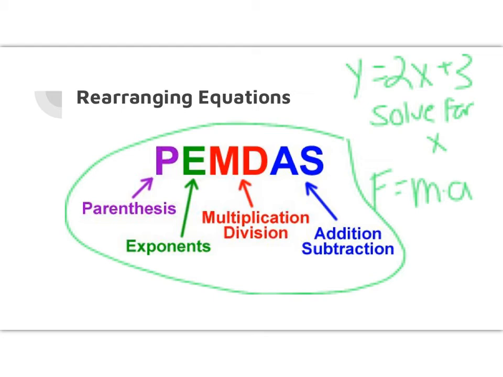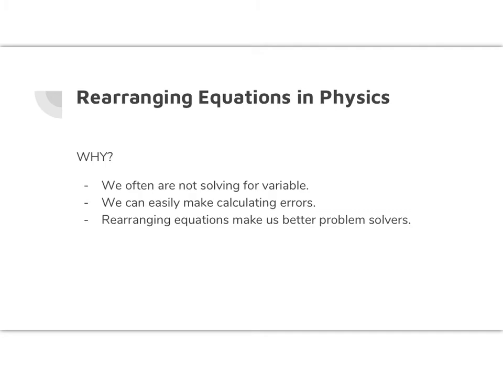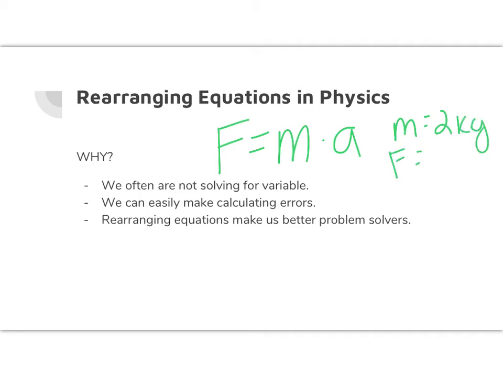For rearranging equations, it's really about just diving in and rearranging them. So why are we even taking time to rearrange our equations? Let's say that we have F equals m times a. And I give you that the mass is 2 kg and that the force is 200 newtons.